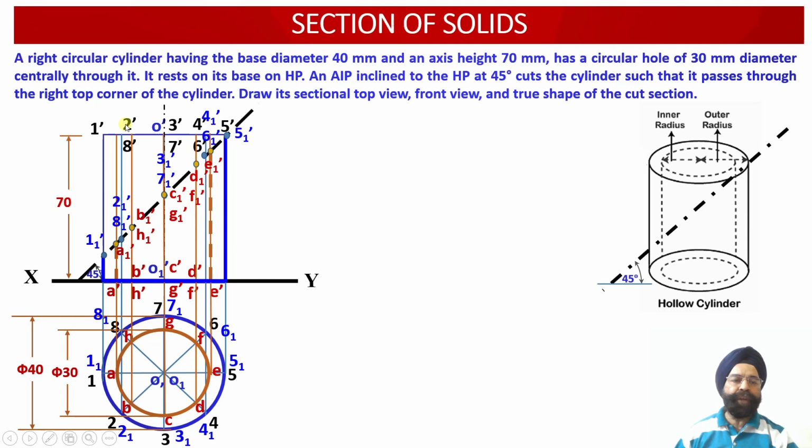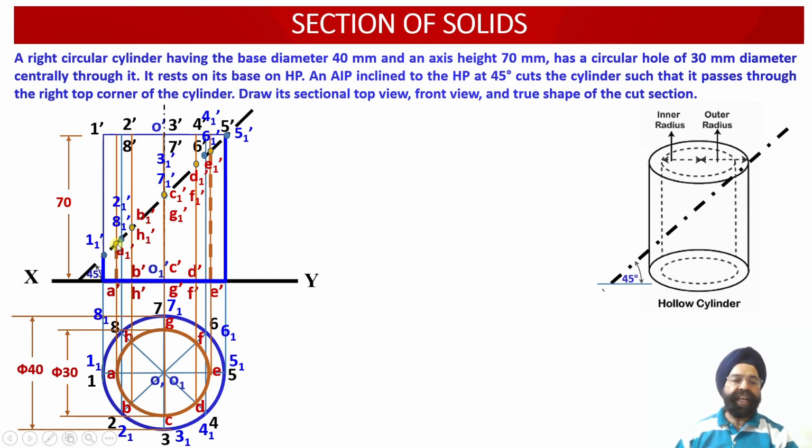So in the top view, 2 dash and 21 have coincided with each other. Similarly, the points of intersection 31, 41, 51, 61, 71 and 81 have coincided with the vertical generator points 3, 4, 5, 6, 7 and 8 over here.